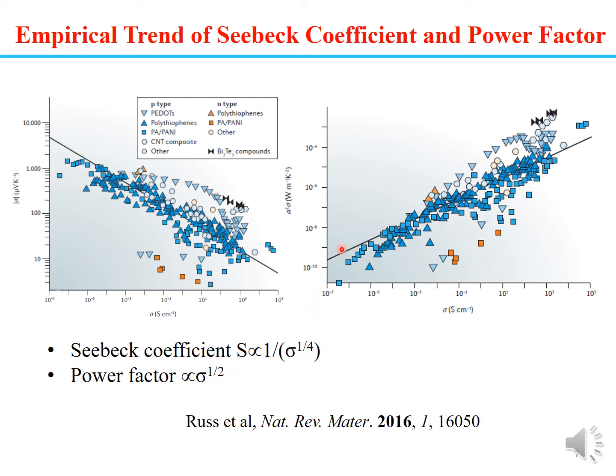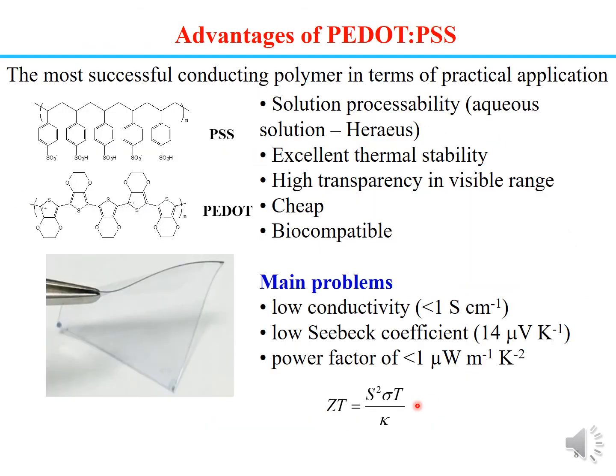The power factor is linear to the square root of the conductivity. When the conductivity is higher, the power factor is higher. So it is important to enhance the conductivity and the Seebeck coefficient of PEDOT:PSS.